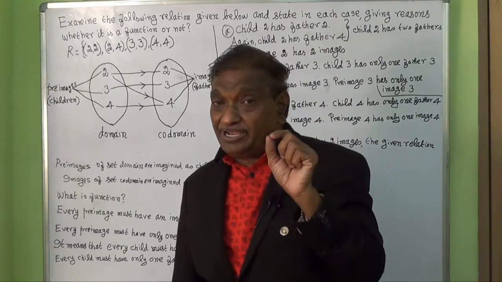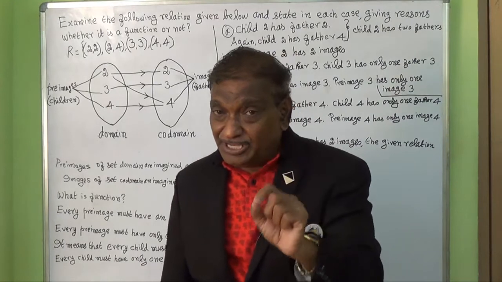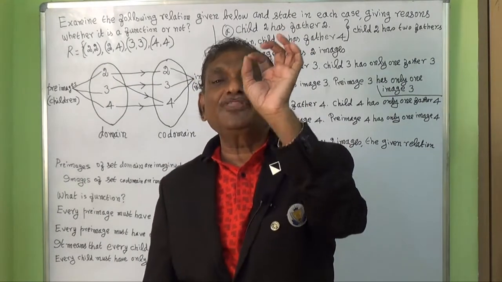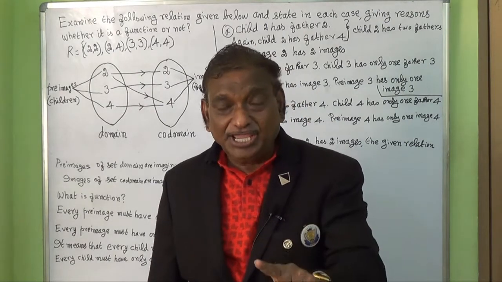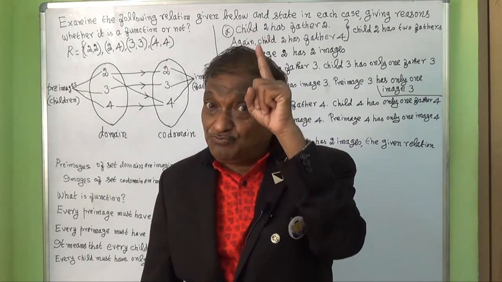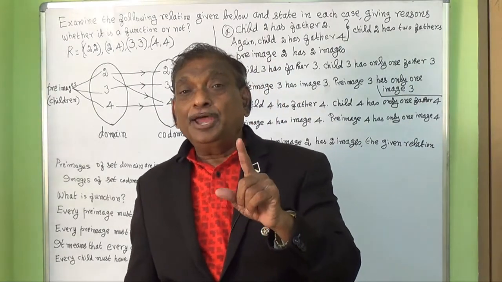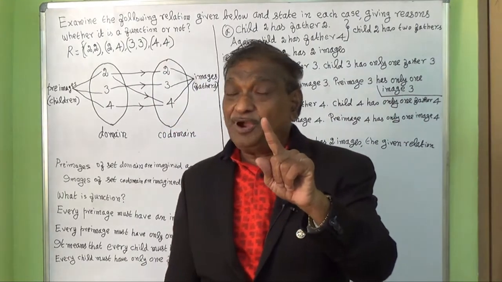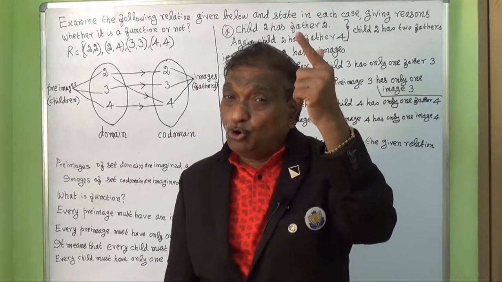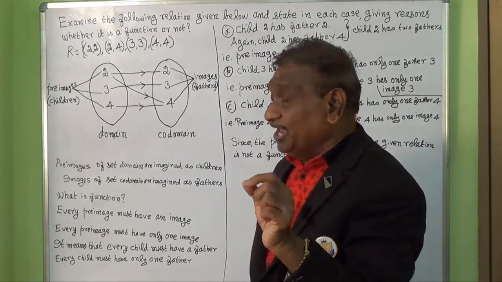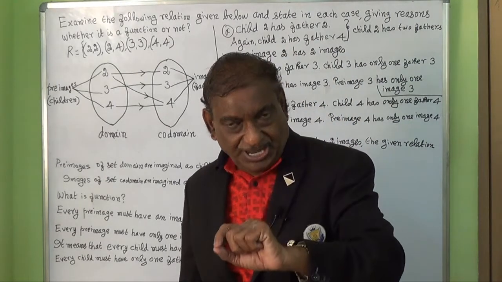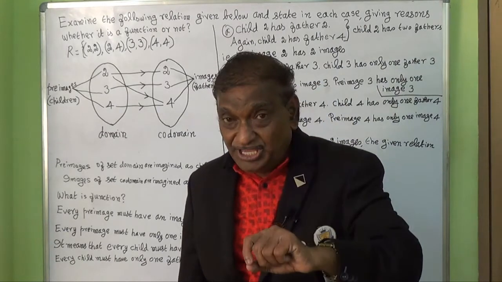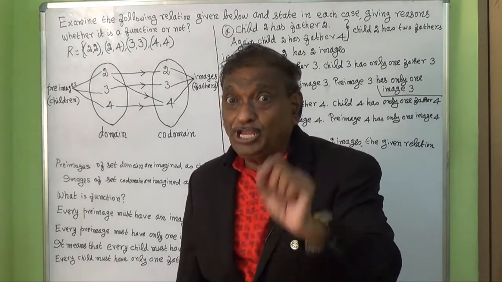We know that every child must have a father, and every child must have only one father. That is the meaning of the statement we have already told. That is, every pre-image must have an image, and every pre-image must have only one image.